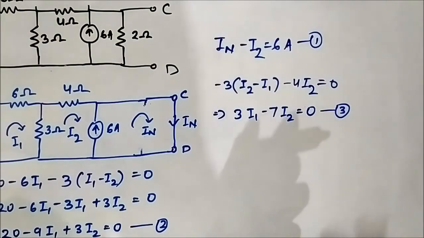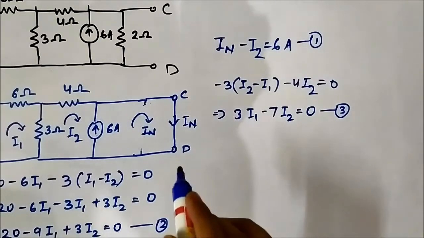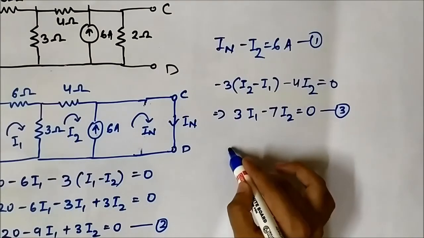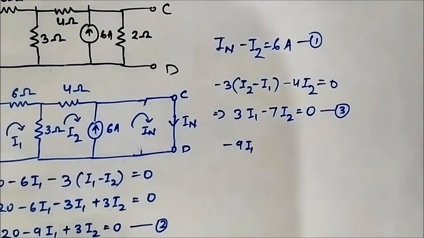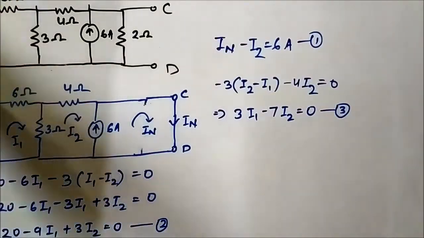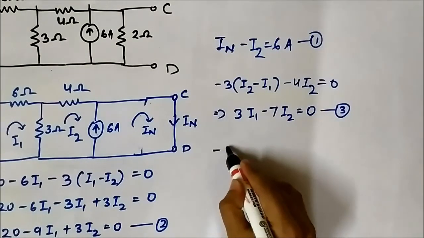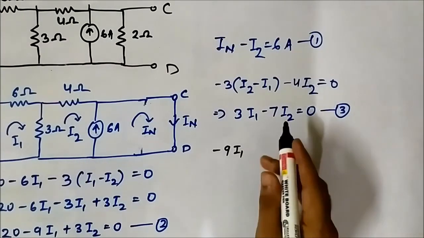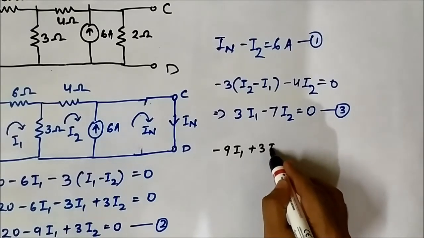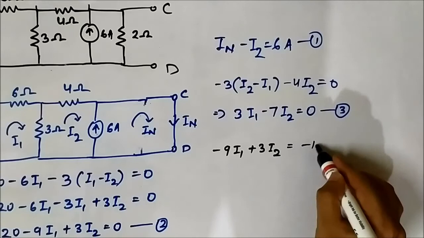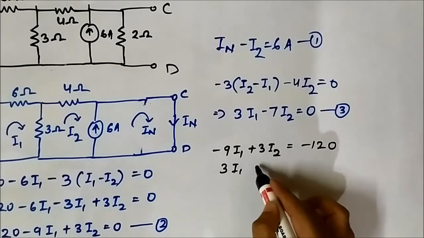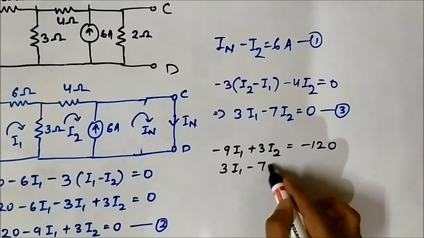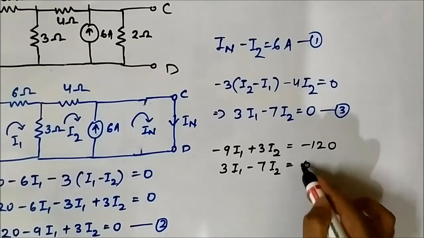Now let us write equations 2 and 3. Equation 2: minus 9I1 plus 3I2 is equal to minus 120, and here it is 3I1 minus 7I2 is equal to 0.